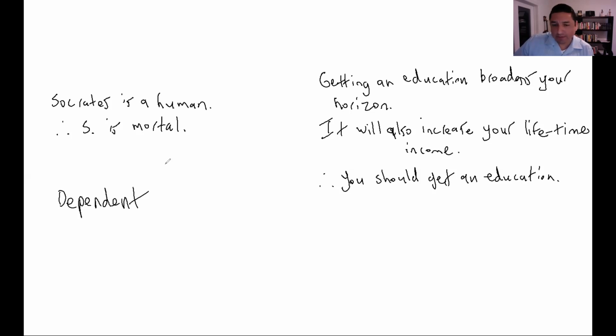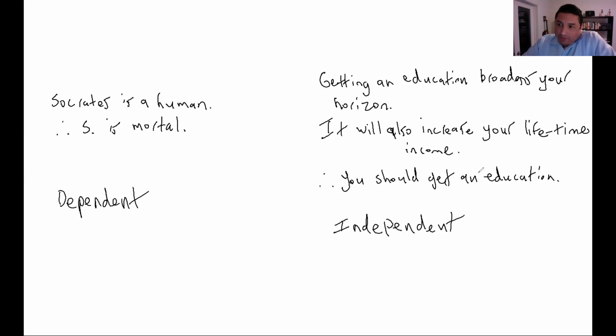Now, if we consider this second argument, we are going to see that the premises here are independent. You can remove one from the argument, leave the remaining premise, and it's still providing support to the conclusion. So, first premise, getting an education broadens your horizon. Second premise, getting an education will also increase your lifetime income. Therefore, you should get an education.